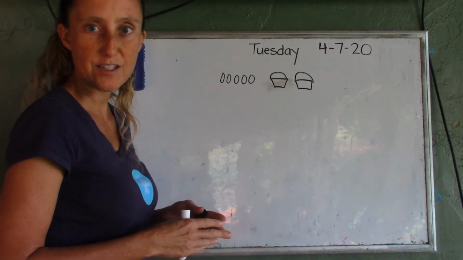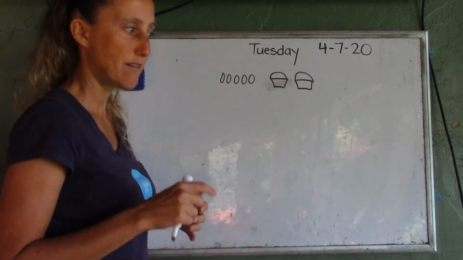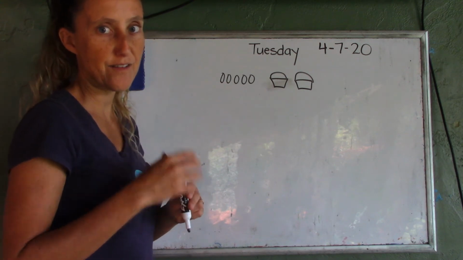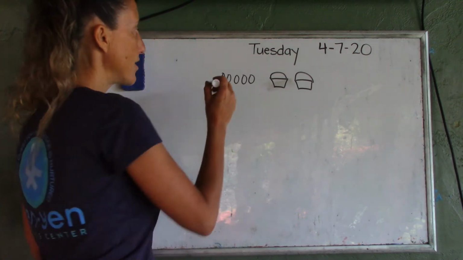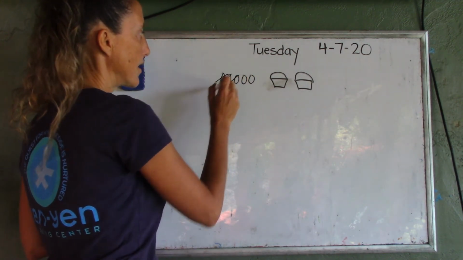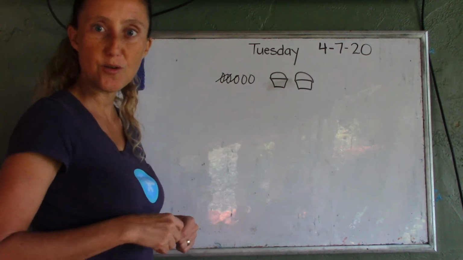And when I gave that to you, your parents said, you can only have 3 jelly beans. So if you ate 3 jelly beans, 1, 2, 3, how many jelly beans do you have left?